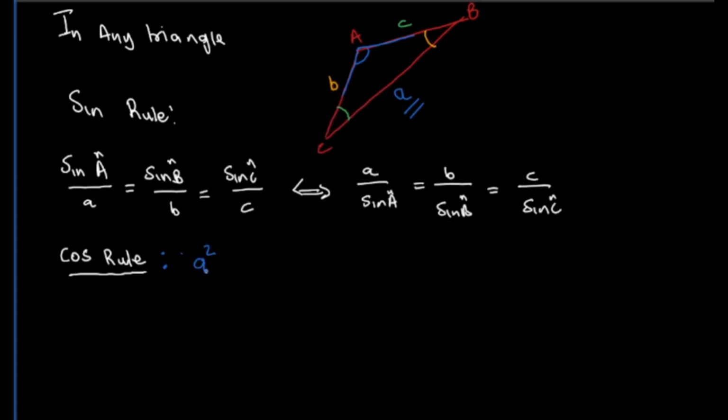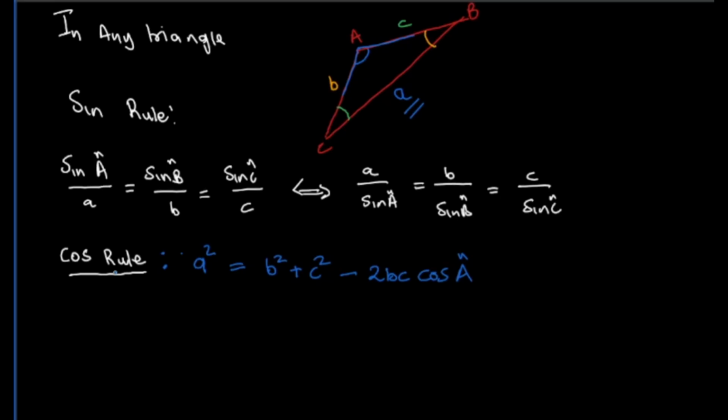So if this is a squared, this is equal to, you add the two sides, b squared plus c squared, then you subtract 2 of what? Of those, bc and the cos of that included angle. Please, this is very, very important. You need to make sure that you understand this. Are you happy with that?